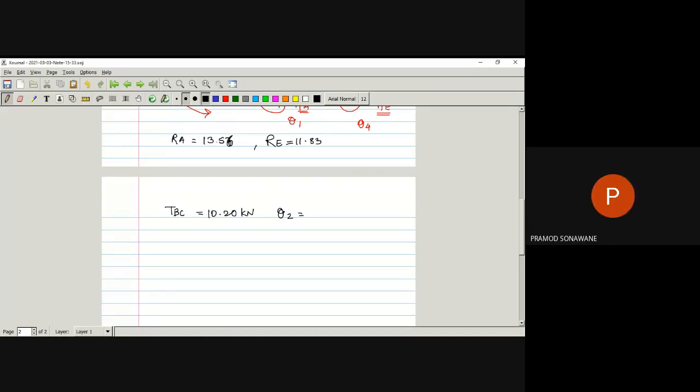Is it audible? Okay. Now tell me, theta 2 is 51.68. Correct? Okay. What is the tension in CD? 9.45.